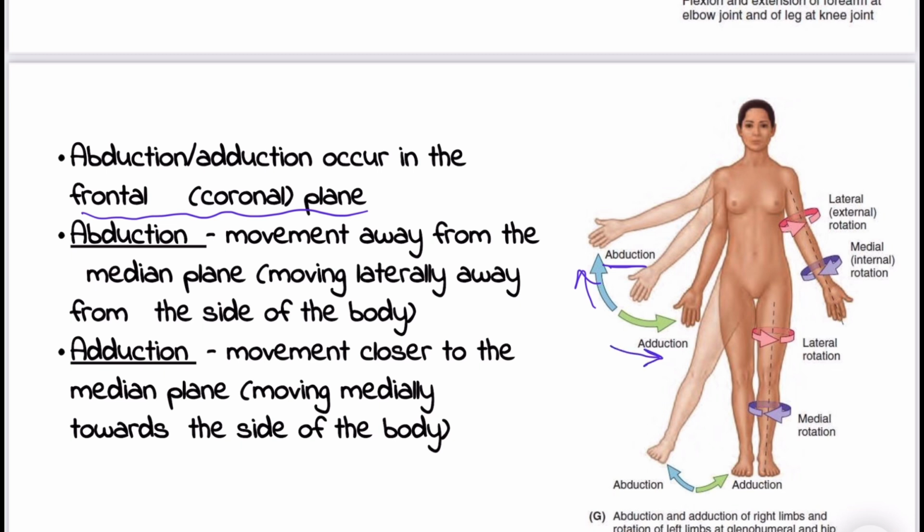And then adduction and abduction of the leg can also be seen here. So abduction of the leg is movement to the lateral side, and then adduction is movement to the medial side of the body or median plane.